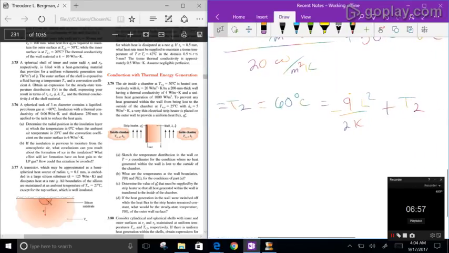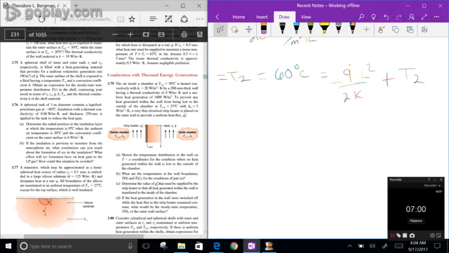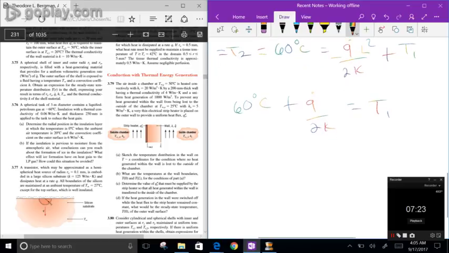So from there, we can rearrange this and get 60 degrees C plus q dot over 2k times L squared, which equals T1.